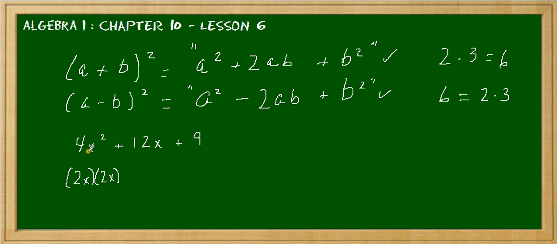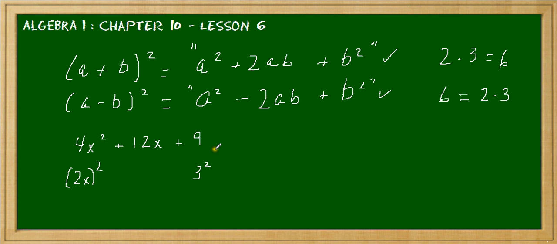So we know that we have that part. And then we can certainly write this as 2x squared. Remember, we have to put in parentheses. And we know that the last term is the square of 3. We can certainly write this as 3 squared. We don't have to put parentheses there, but you could if you feel better.